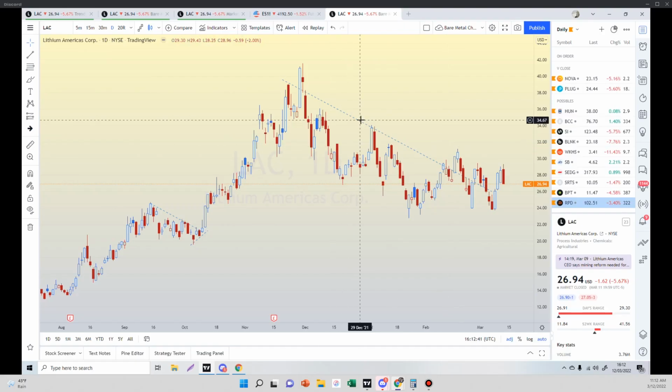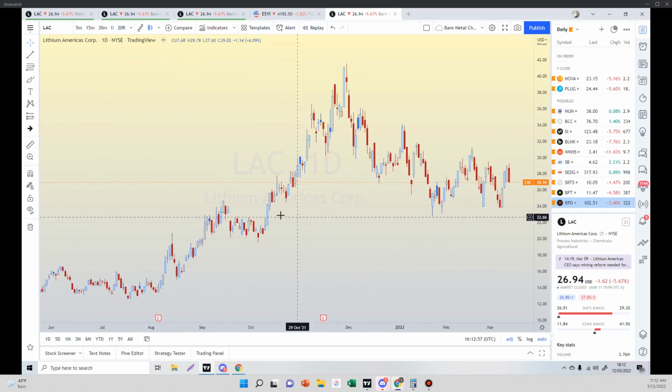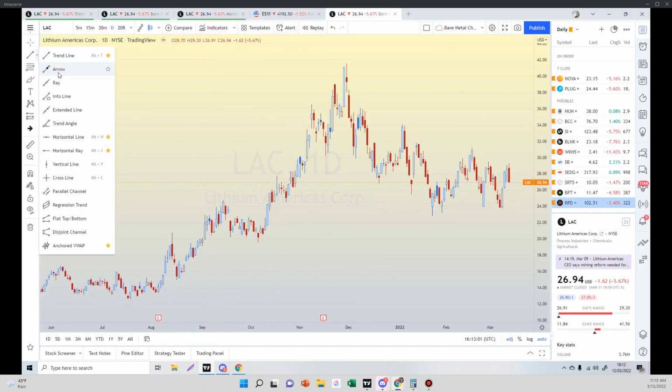So let's see if we can find one of them somewhere. So if we were coming along from this side of the chart here, I'll find a line in there.